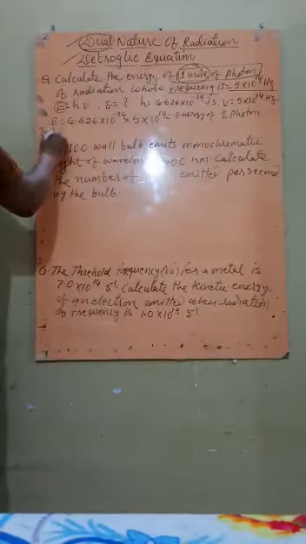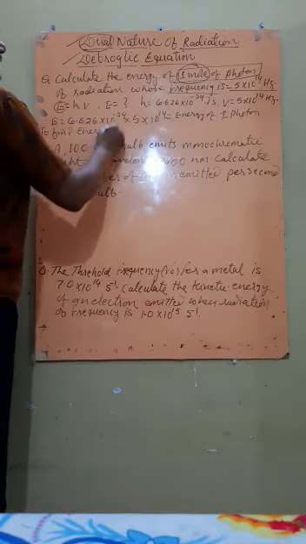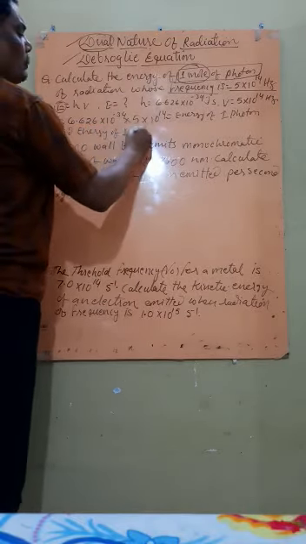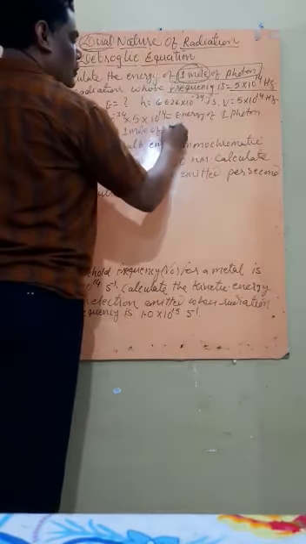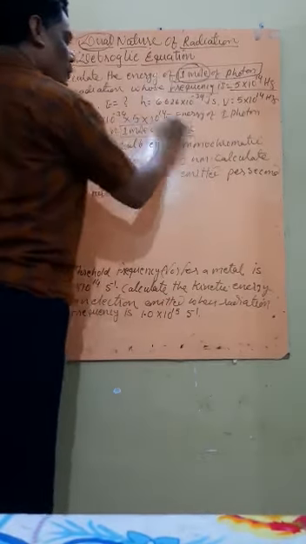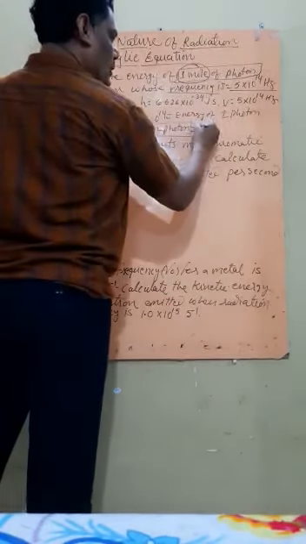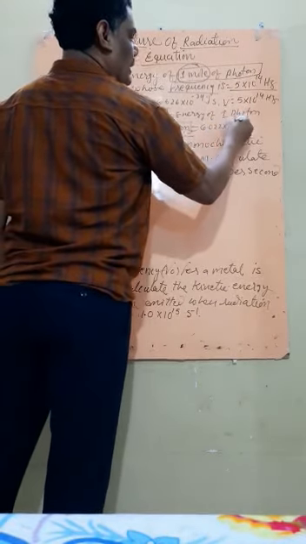So to find the energy of one mole of photon, we have to multiply it by the mole, that is Avogadro number. So one mole of photon is equal to what? 6.022 into 10 to the power 23 multiplied by the total energy.